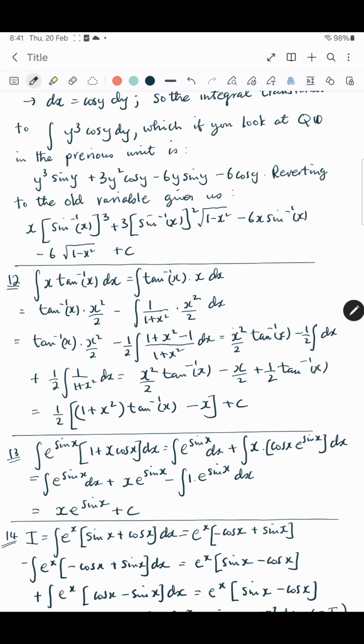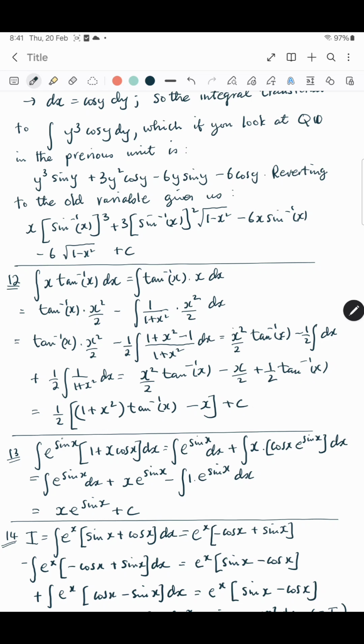And so that gives us x squared over 2 tan inverse x minus x over 2 plus a half tan inverse x, which then simplifies to 1 half (1 plus x squared) tan inverse x minus x, plus c.